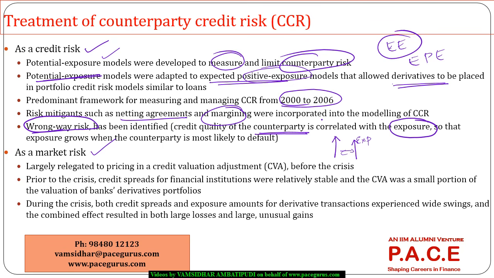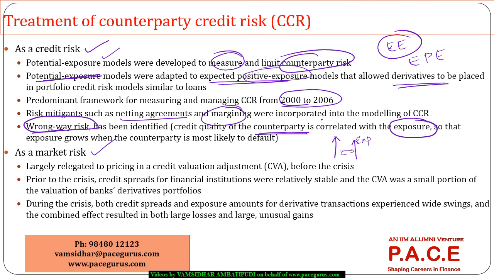But it is observed that the value of the collateral also falls quite drastically during that same period because of the correlation that exists. So if I want to sell off the collateral and get compensation for the default of the counterparty, what I am getting is negligible. I would not be able to recover the whole loss amount based on the collateral that has been provided by the borrower.